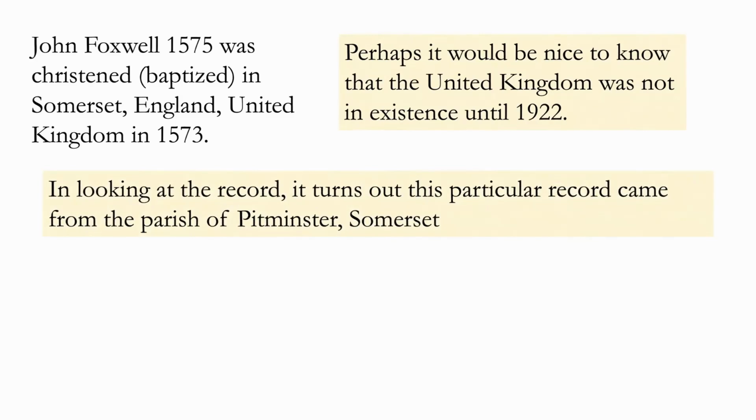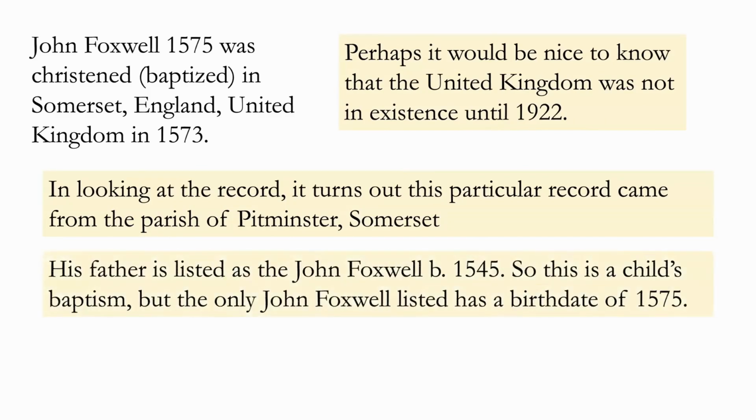And looking at the record, it turns out that the particular record came from the parish of Pitminster in Somerset. That's where this particular record that I traced back for this John Foxwell was born. His father's listed as John Foxwell, born in 1545. So this is a child's baptism, but the only John Foxwell listed has a birth date of 1575.